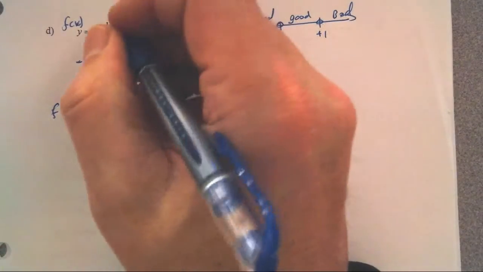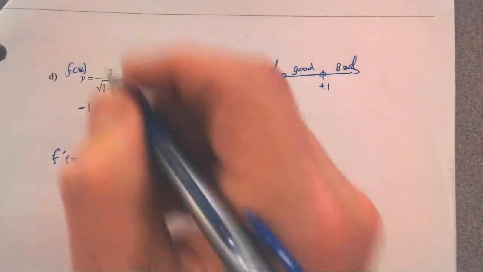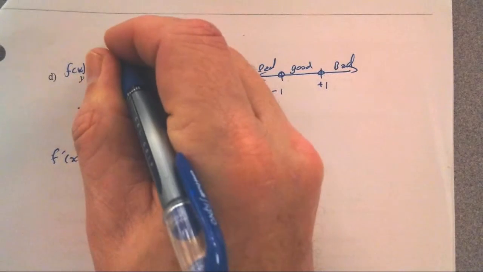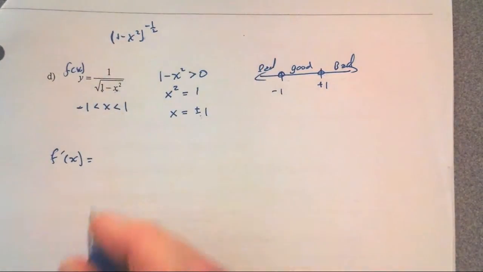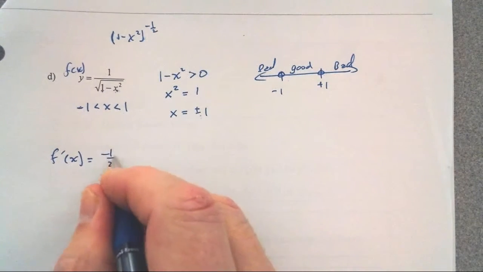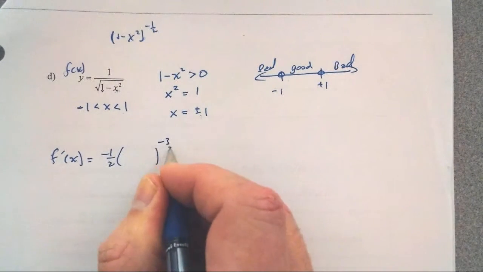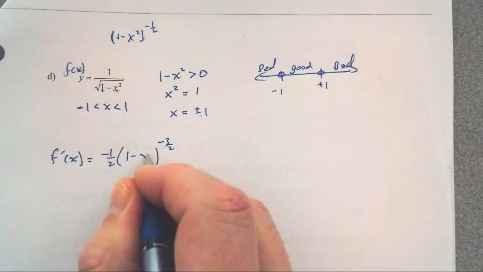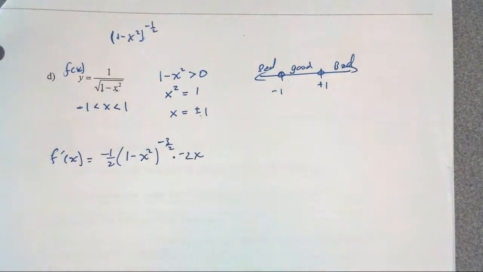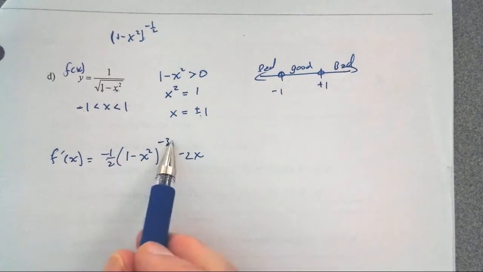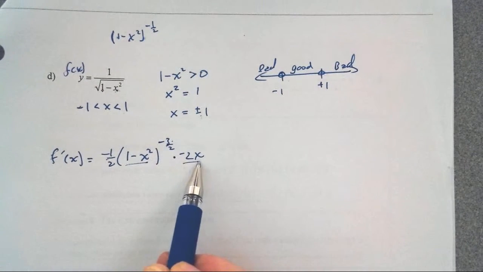Okay, let's find y prime, or if I call this f of x, let's call it f prime of x. I might want to think of this as 1 minus x squared to the negative 1/2. So the derivative is the outside derivative of the inside function times the inside derivative. Or treat the mother, leave the baby alone, treat the baby.